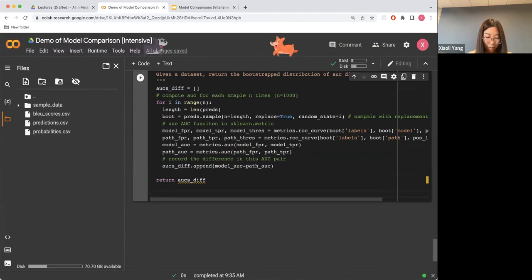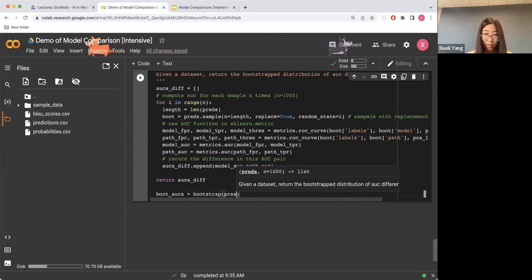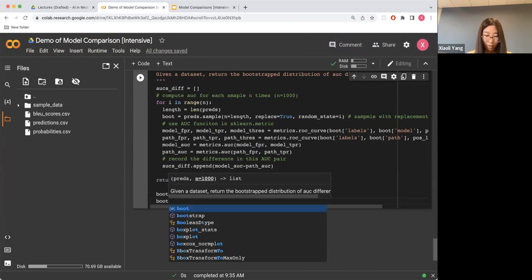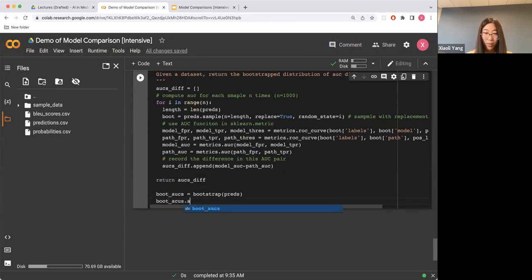We try to run our model. Put AUCs. Right. We want to sort it because we want to rank them from the smallest to the largest so that we can extract the percentile. Plot and put AUCs. And we want to graph it to visualize it.